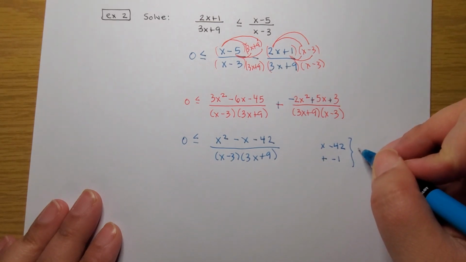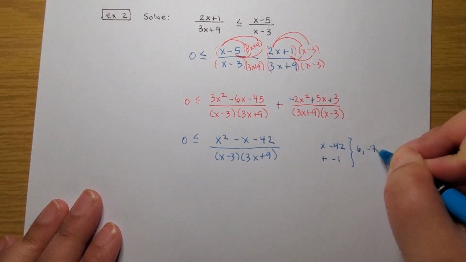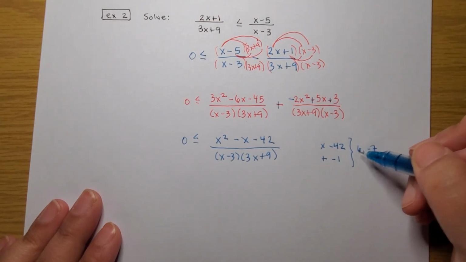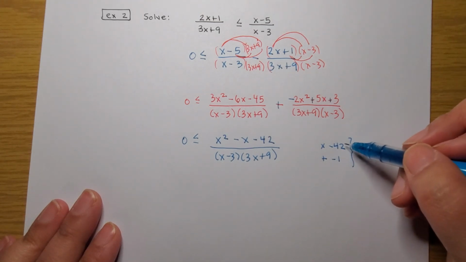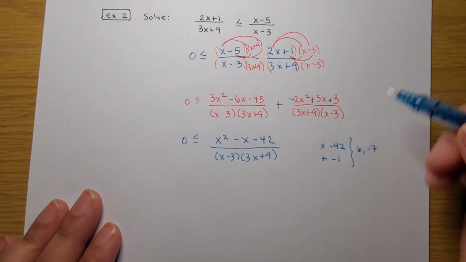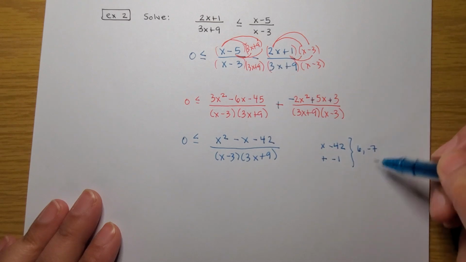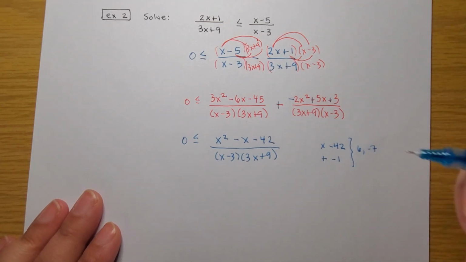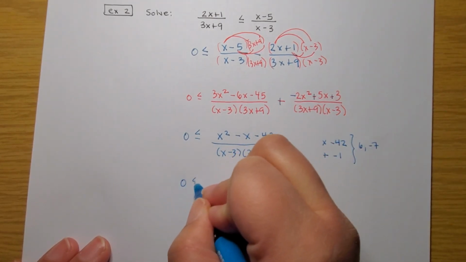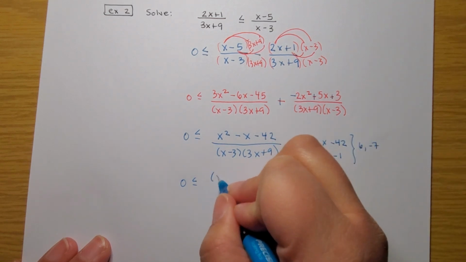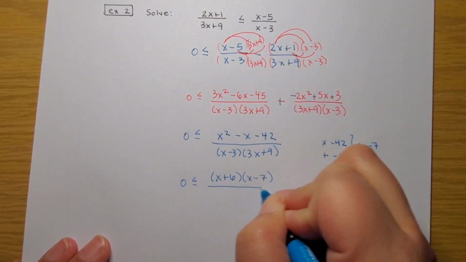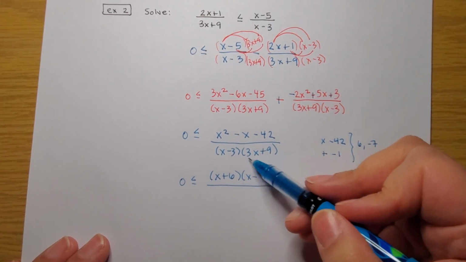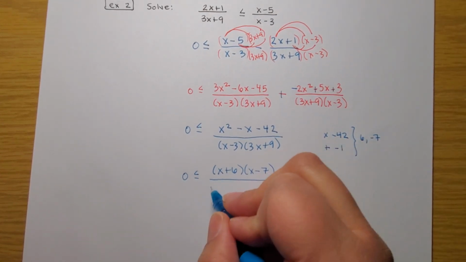So this is going to be a positive 6 and a negative 7. 6 times negative 7 is negative 42. That's how we knew they were going to have different signs. And the negative 1 says the bigger number is negative. So we have 0 is less than or equal to (x + 6)(x - 7). And now at the end, I'm going to factor that 3 out of here, just pull it all the way out front.